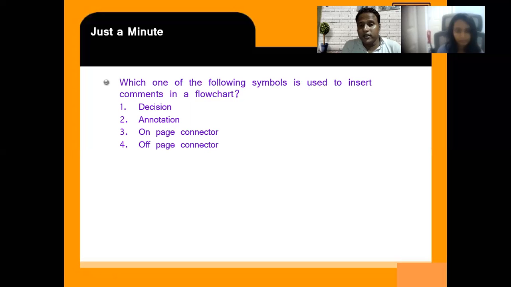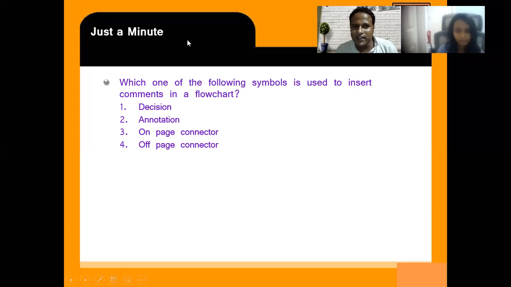The off-page connector is used to connect a symbol from one page to another page. The on-page connector is used to connect symbols on the same page.